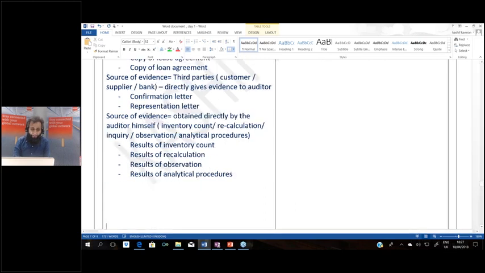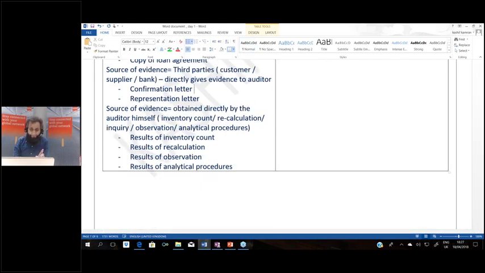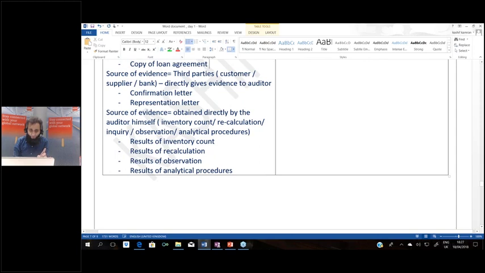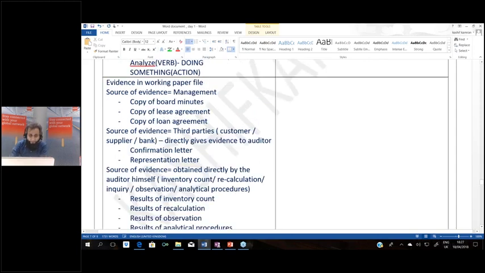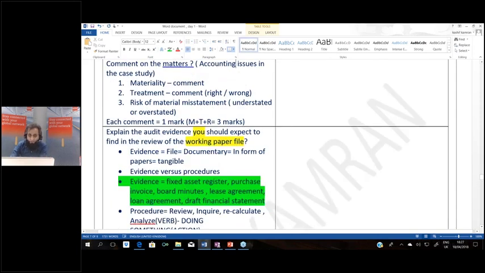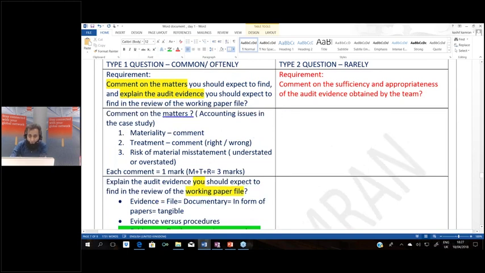We'll be getting directly to an exam paper, but let's see. We have done the type 1 so far. In the type 1, the examiner was asking us to comment on the matters. The matter means materiality, treatment, and risk, and explain the evidence. The evidence means something in the form of documents. If the evidence comes from the management, I'll say copy.